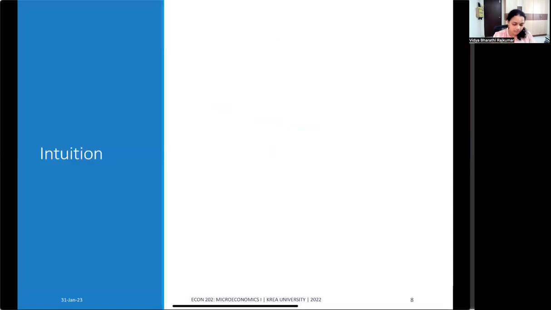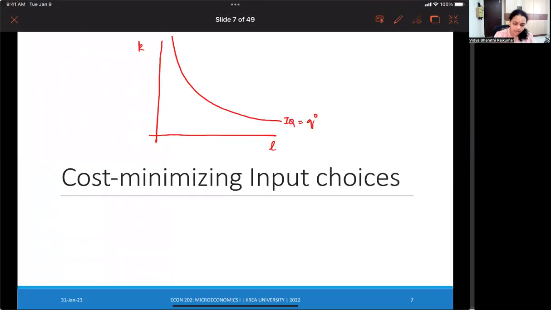So our problem boils down to something like this. Now, my isoquant is given here. And I'm just going to have a series of isocost lines or budget lines. Pardon my poor drawing skills there. My goal is to identify that budget line which is tangential to my isoquant, and also happens to be the lowest possible budget line that is tangential to my isoquant.